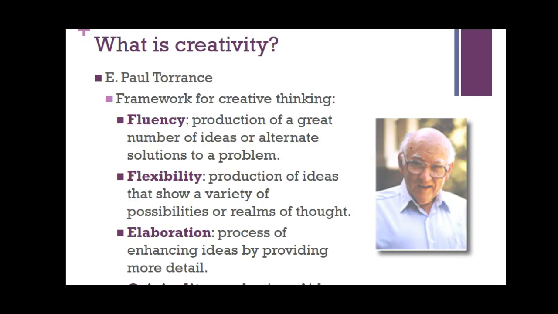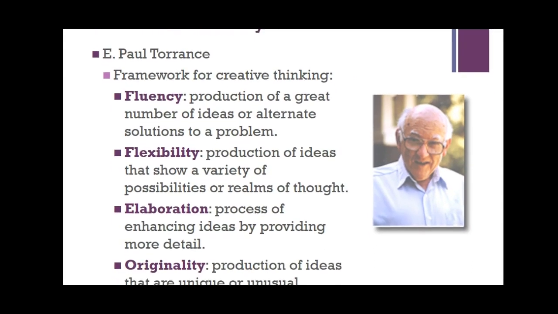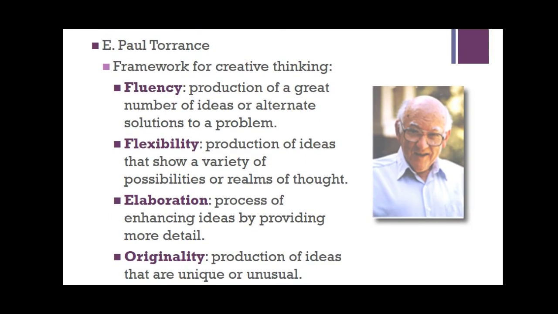Probably the biggest name within creativity is E. Paul Torrance, and I'm going to show you part of the screen a little bit further here. So he defined creativity as involving four different things. Fluency. We're going to come back to this idea in a moment, but that's just the sheer output of a lot of ideas. A lot of times kids get so focused, especially some of our perfectionistic students, where they want the right answer, so they're not thinking about all the possibilities.